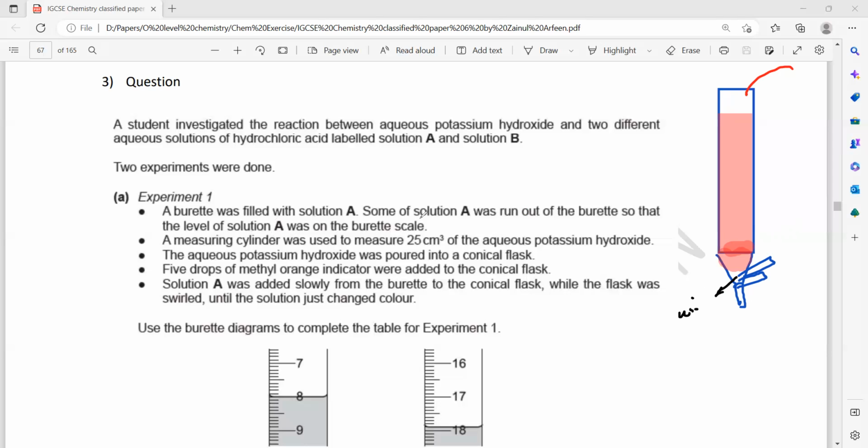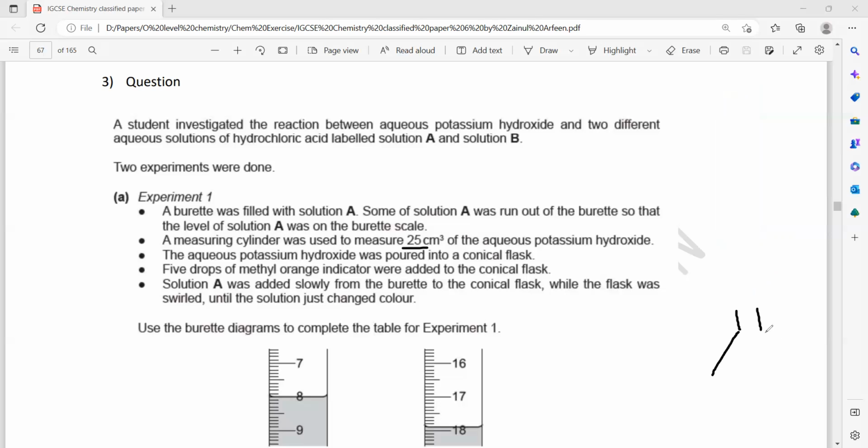The measuring cylinder was used to measure 25 cm cube of aqueous potassium hydroxide. So we used a measuring cylinder to measure 25 cm cube of aqueous potassium hydroxide and we transferred it into a conical flask. So in the conical flask, we have KOH.